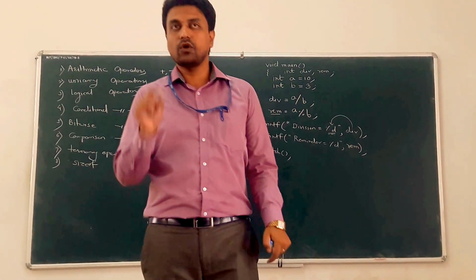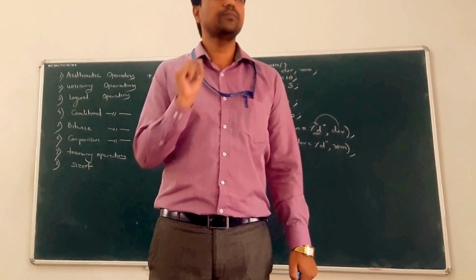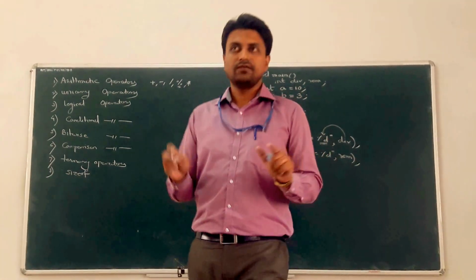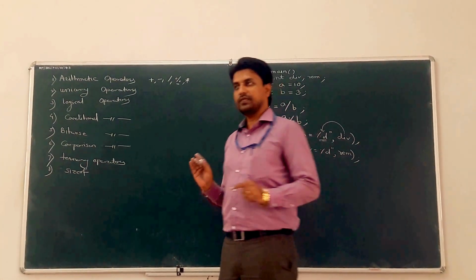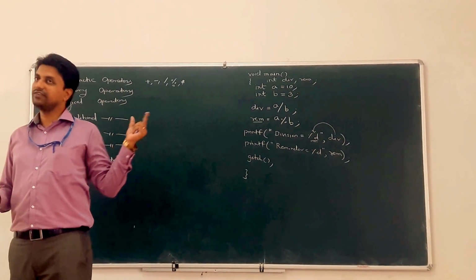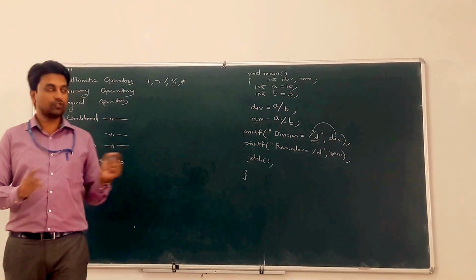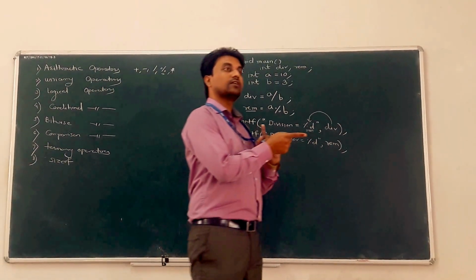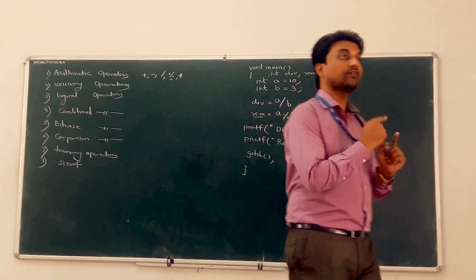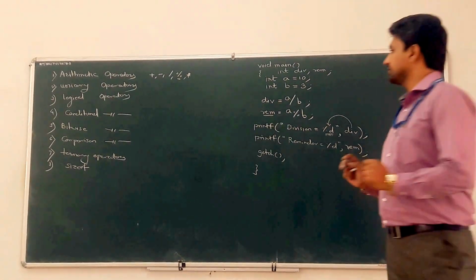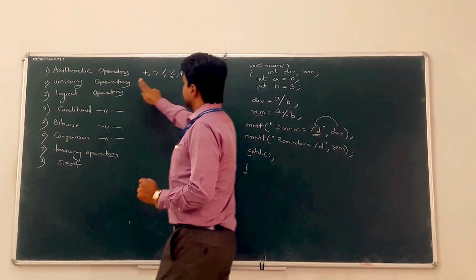So what is the use? The mod operator is a very important operator as far as logical constraints are concerned. Whenever there is a logical problem statement, at that time we have to use mod as well as division. Okay, so these are two different operators: one returns the quotient and one returns the remainder. So these are arithmetic operators.